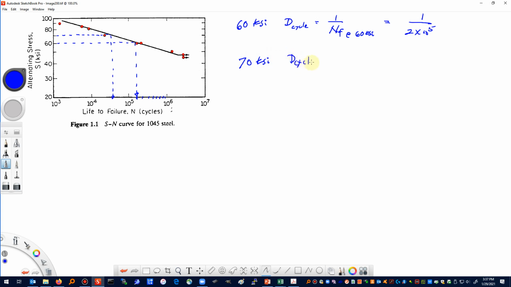The damage per cycle, 1 over the number of cycles to failure at 70 KSI would be equal to 1 over, what did I say, 4 times 10 to the 4th.